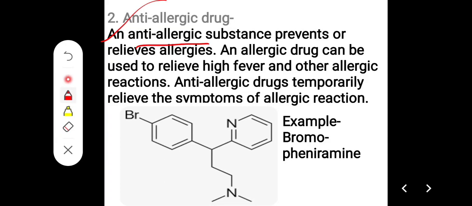The allergy is reduced and the fever is also reduced, along with other allergic reactions. Anti-allergic drugs temporarily relieve the symptoms of allergic reaction. If temporary allergic reactions are there, they should be temporarily relieved by anti-allergic drugs. Example, brompheniramine. This is the structure of brompheniramine.